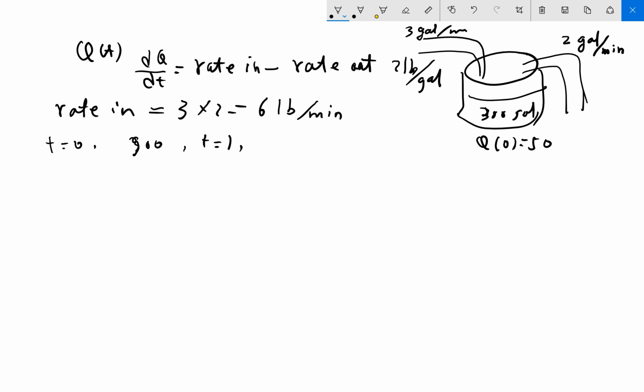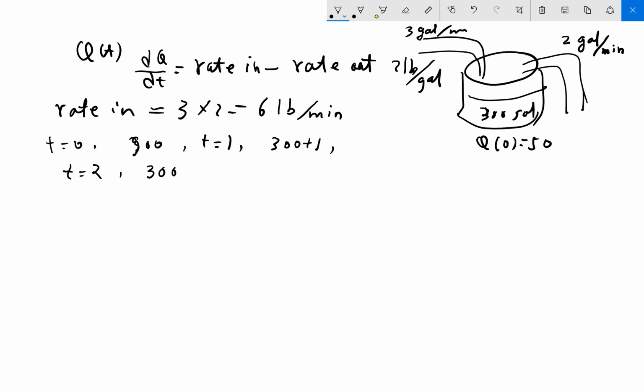In 1 minute, 3 gallons get in, 2 gallons get out. So at t equal to 1, the number of gallons of solution is 300 plus 1, right? Then t equal to 2. How many gallons of solution in the tank?